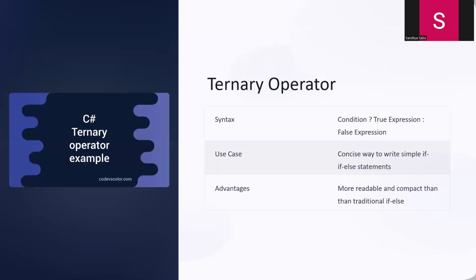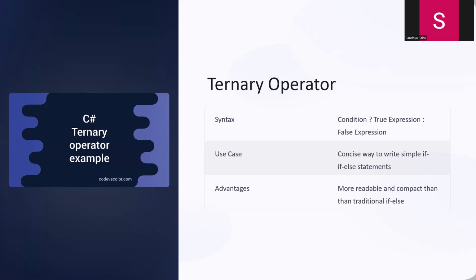Okay. So next one is the ternary operator. The ternary operator is an alternative to the if else statement. In an if else statement, we check for a condition. If the condition is true, one part, plan A, will be executed.